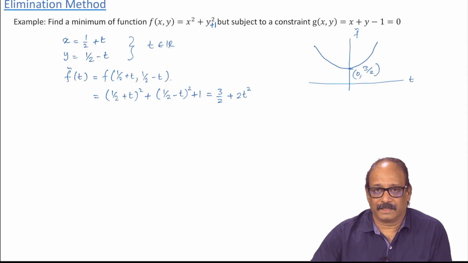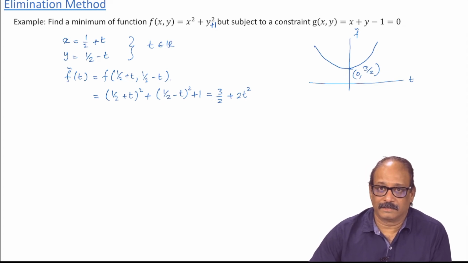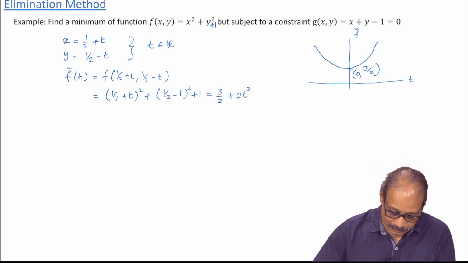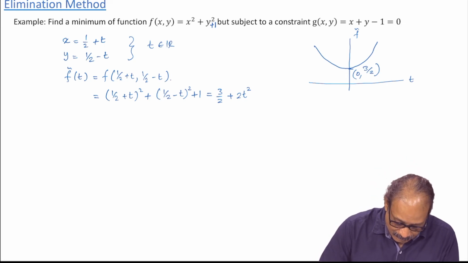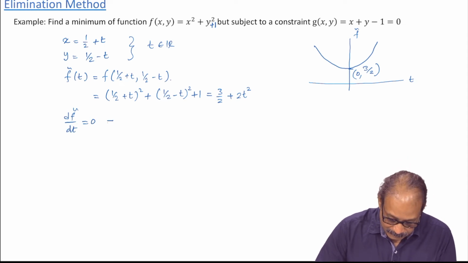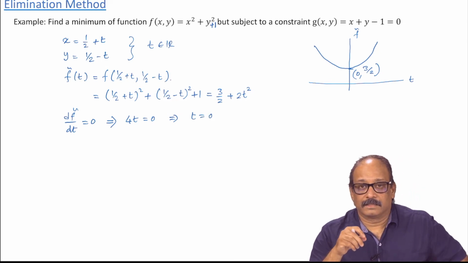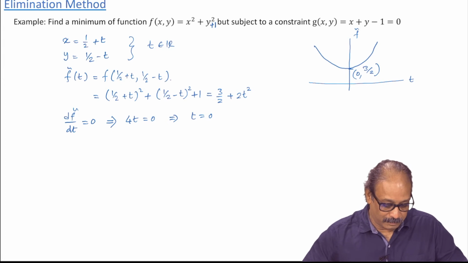And from the graph it is very clear that the minimum is at 0, t is equal to 0 and its value is 3 by 2. But we of course use the standard calculus to do this. df tilde by dt must be 0 for a minimum, and this immediately tells us that 4 times t must be equal to 0, giving you the answer t is equal to 0. Okay.